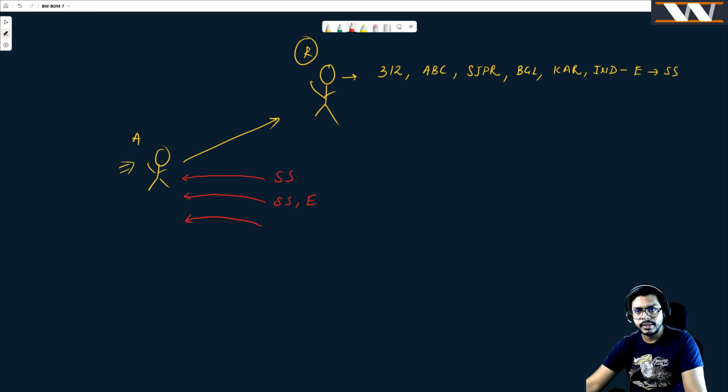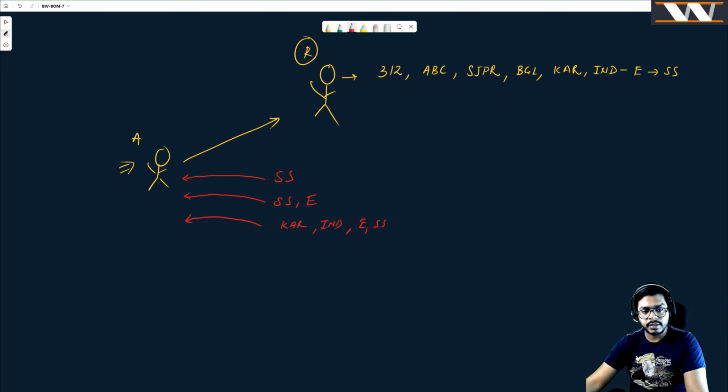Somebody comes with more specific information, right? And this time the information is that Rahul lives on Earth, which is part of your solar system. And on Earth, he is in a country called India. And inside India, he lives in a state called Karnataka.